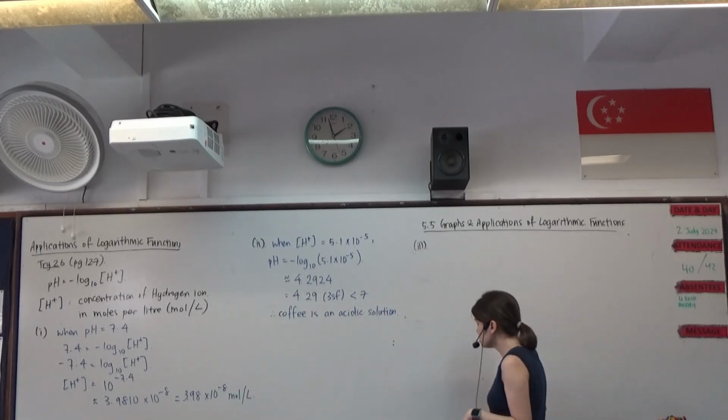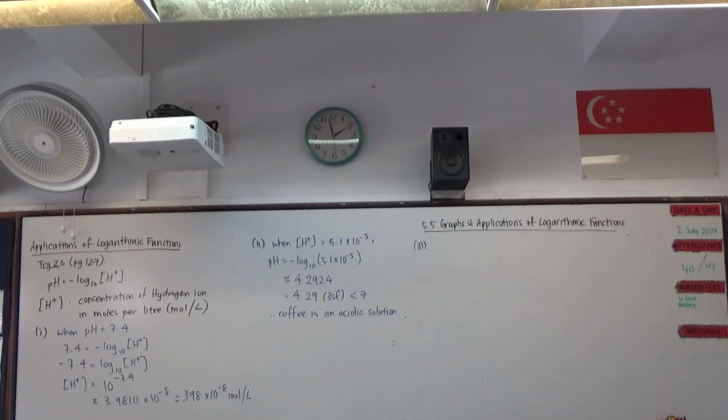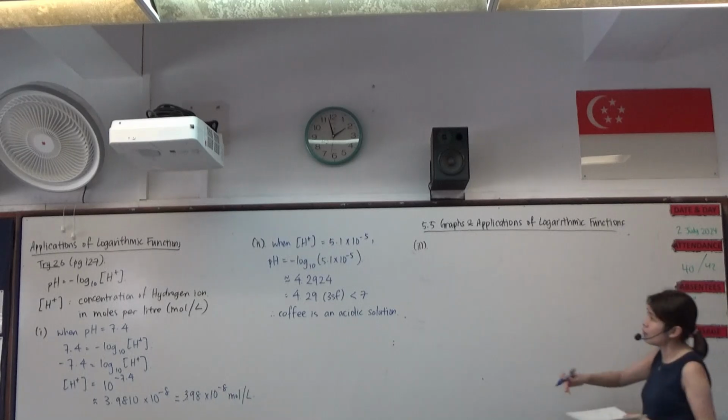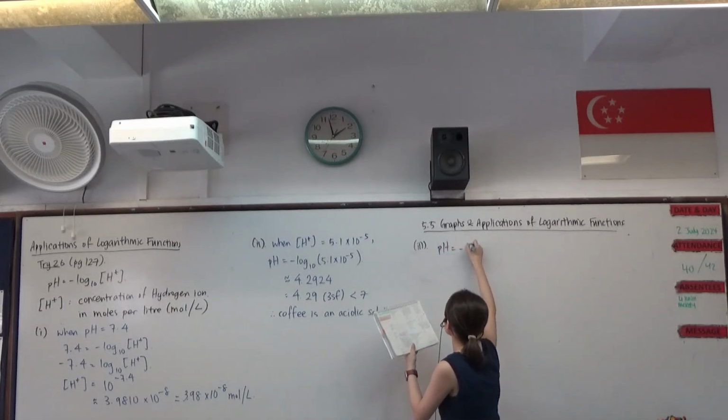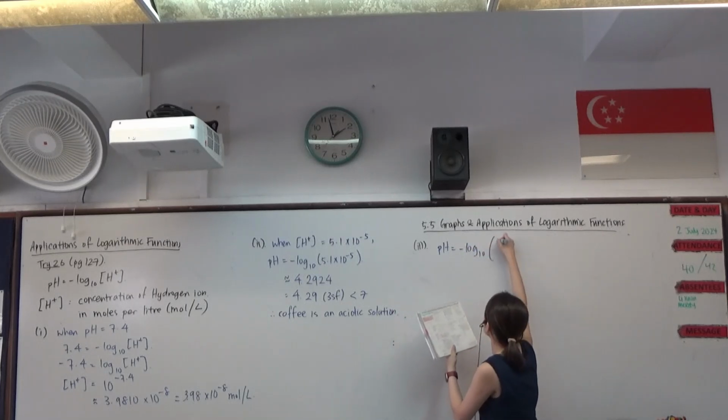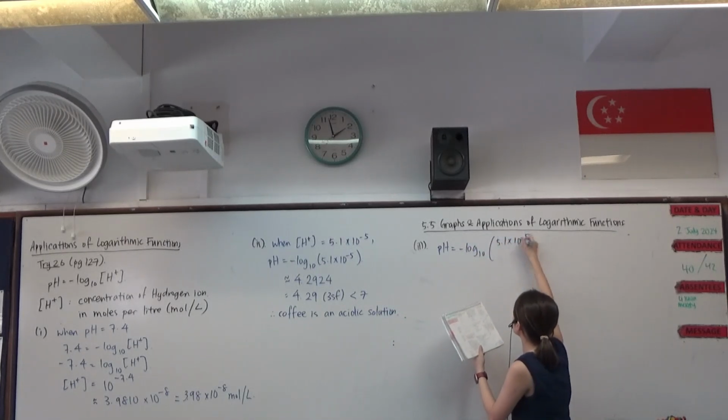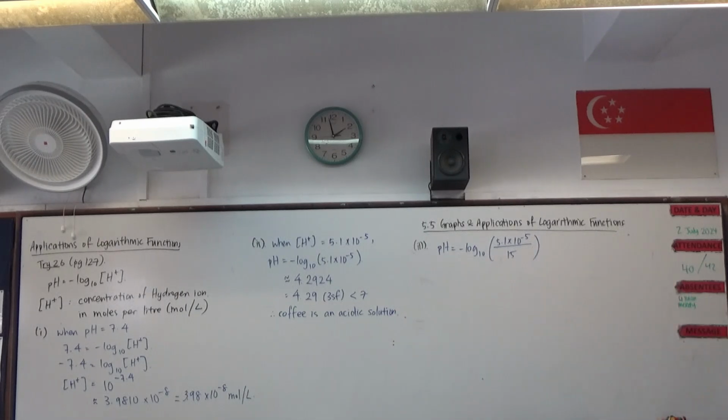So since we're diluting by a factor of 15, we take the original hydrogen ion concentration and divide by 15. That is what it means by dilution of a factor of 15.